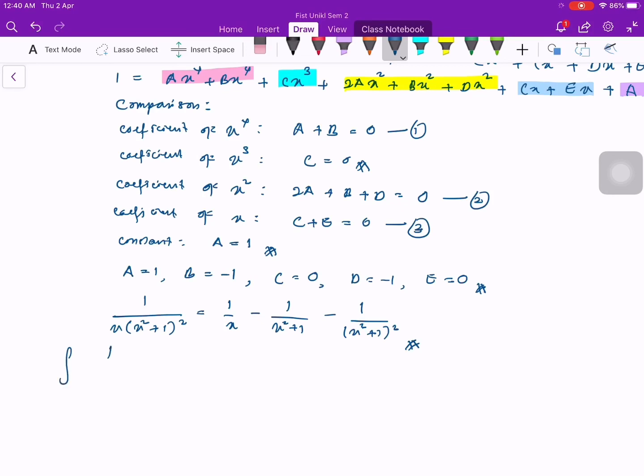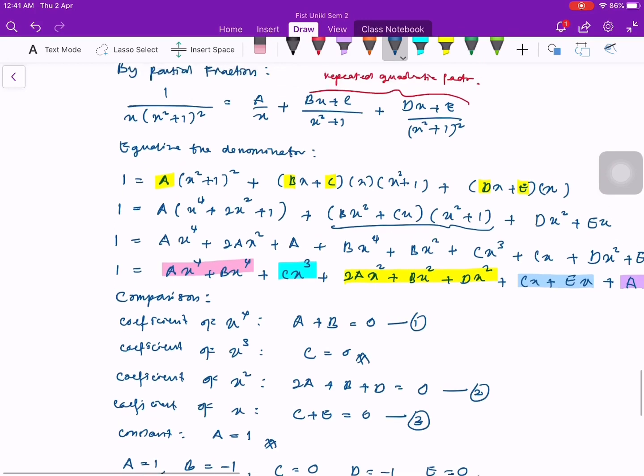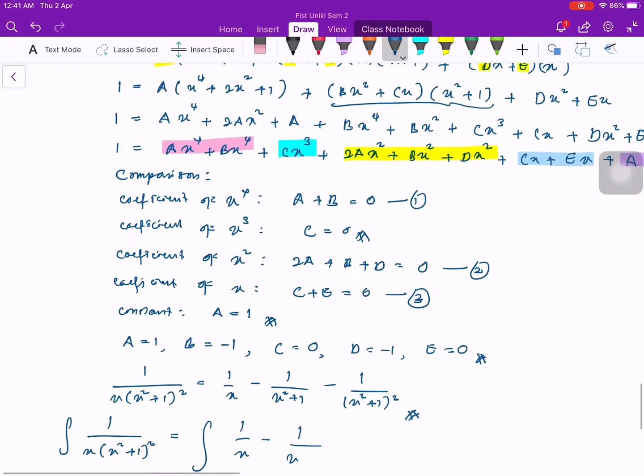So integrate of 1 over x times with x squared plus 1 squared. Which is we're going to integrate 1 over x minus with 1 over, sorry, this is supposedly bx plus c, so this is supposedly x.